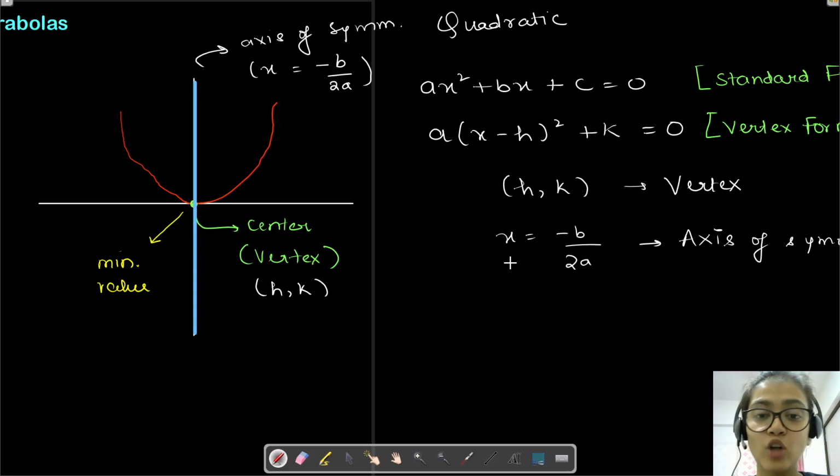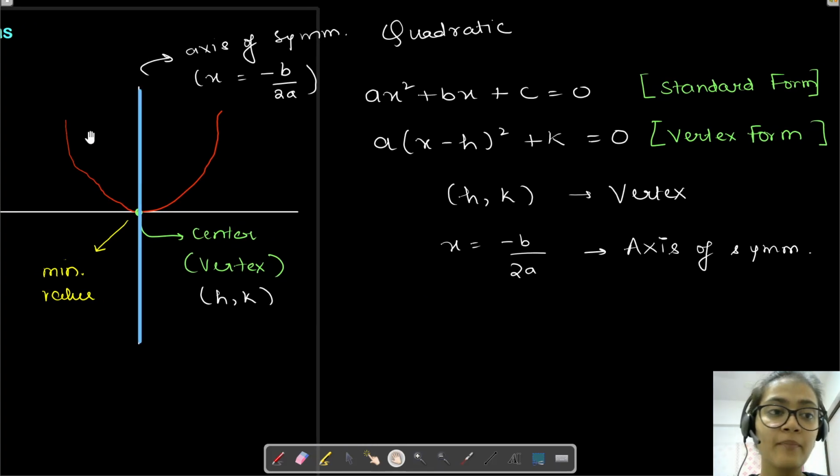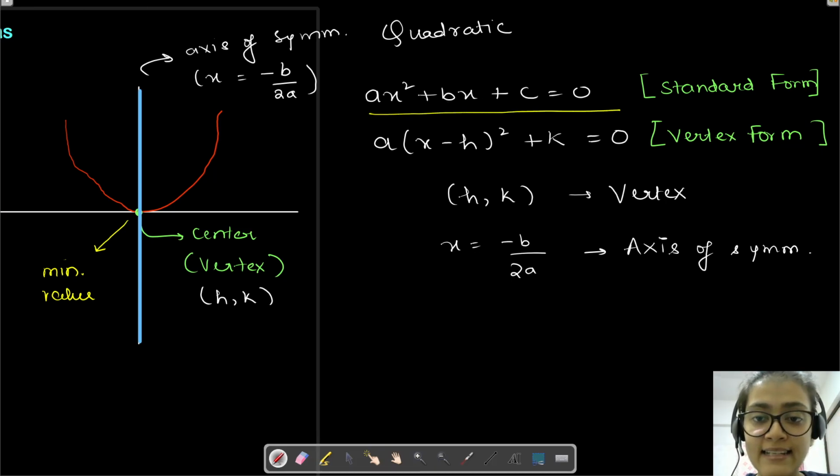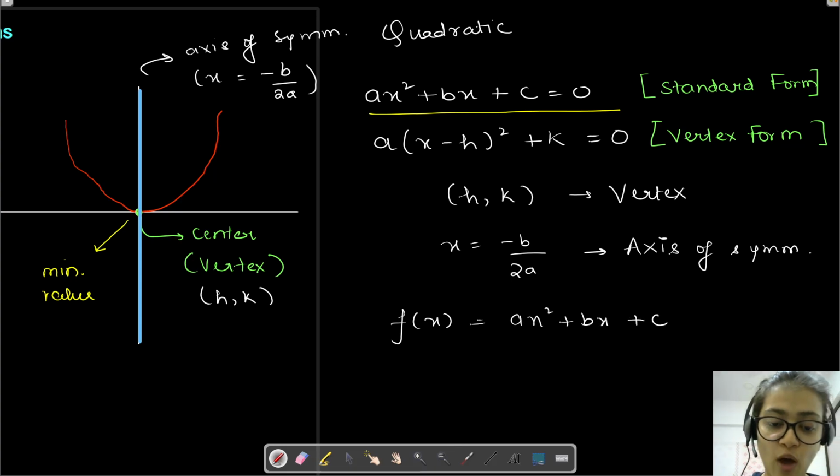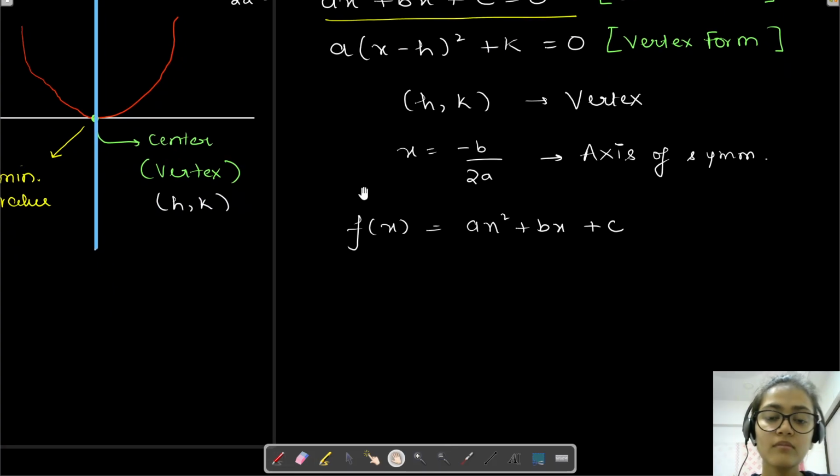Now if you have to find the minimum value, we will find the value of this equation at x equals negative b over 2a. So if you have a quadratic function f(x) equals ax squared plus bx plus c, and you have to find its minimum value, in that case we are going to substitute x equals minus b over 2a.